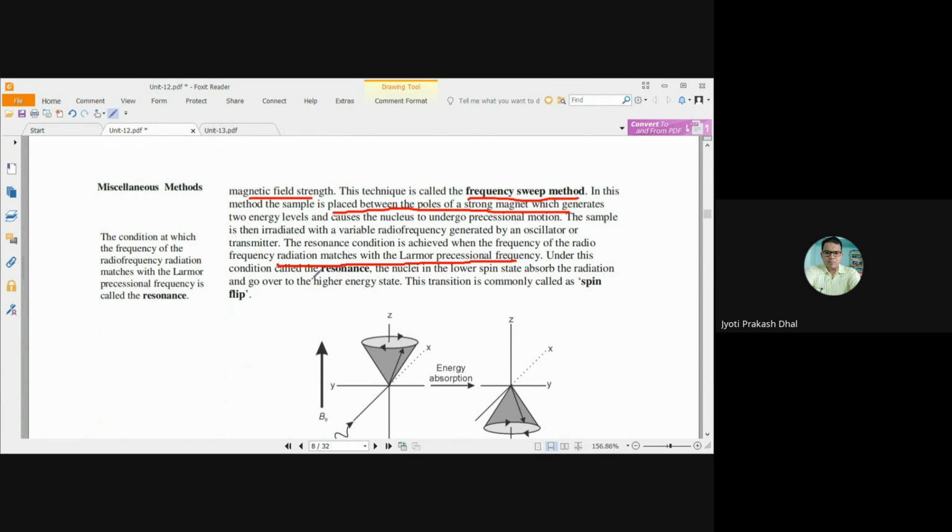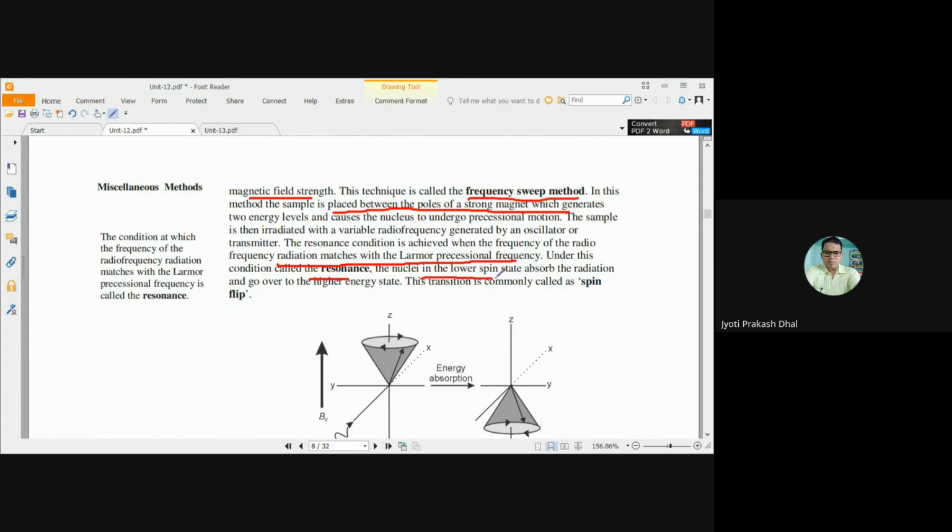That means when the frequency nu of the electromagnetic radiation irradiated to the sample equals omega, the Larmor frequency, the nucleus is said to be in resonance.